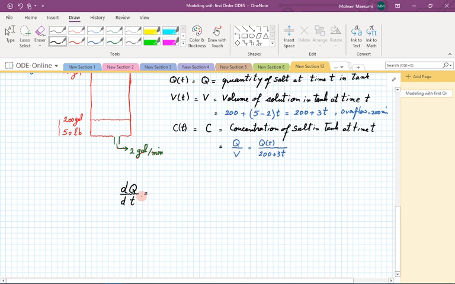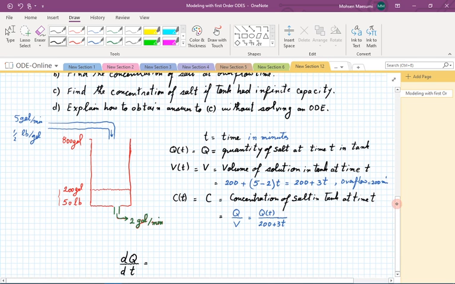Well, why is it changing? We said we have two reasons: it's coming in and it's going out. Notice that in this simple case, we don't have any chemical reaction; nothing is producing salt, nothing is consuming salt. In more advanced problems later on, perhaps you are going to have a situation where some reaction is also happening. But in this simple case, we have no reaction. Either it's coming in or it's taken out.